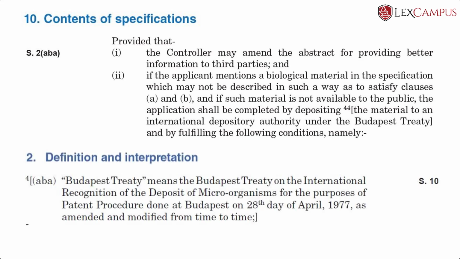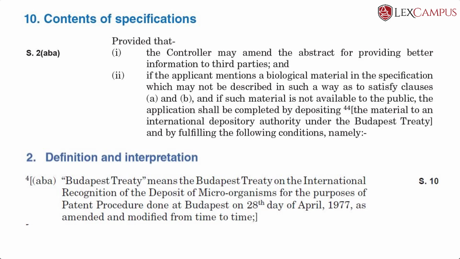Now, this is a requirement which steps in only in the case of biological material that is used. The requirements are, if the biological material is not described in a way in which it satisfies clauses A and B, and the biological material is not available to the public.